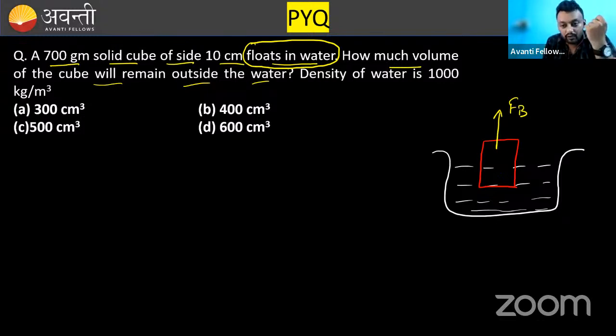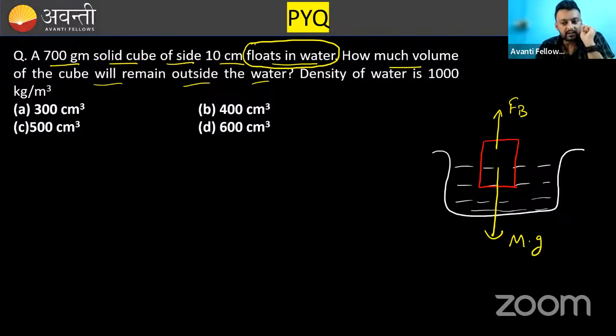The next force being exerted on the block: gravity always pulls it downward. So there is a weight of the block in the downward direction, and this weight is m into g, where m is the mass of the block.